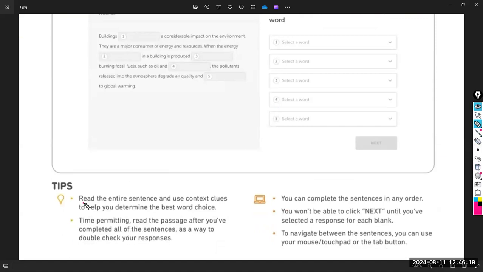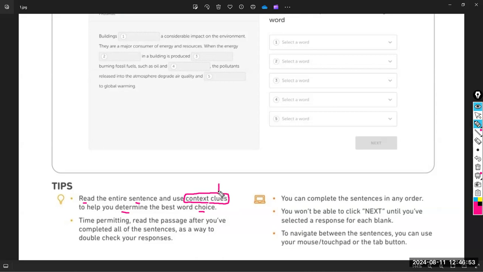So I have to read the entire sentence and I have to use context clues just to help me to determine the best word choice. If you don't know the meaning of context clues, please guys, watch the video on the channel. This video is talking about context clues and the 4 skills I have to manage just to be able to know the meaning of certain words.